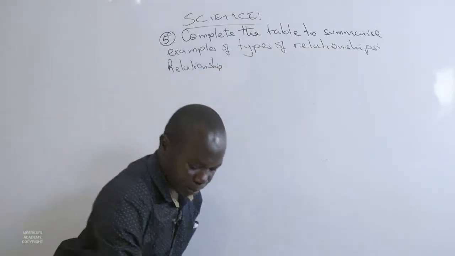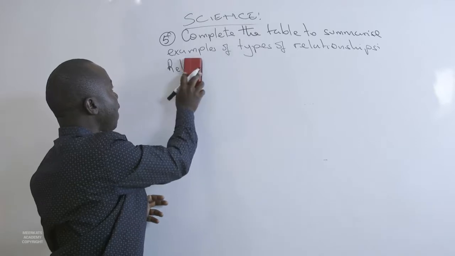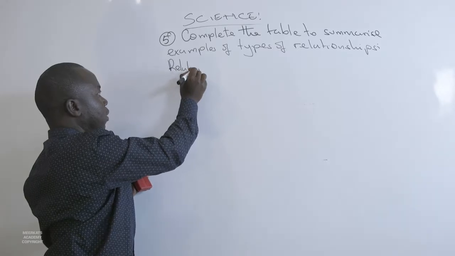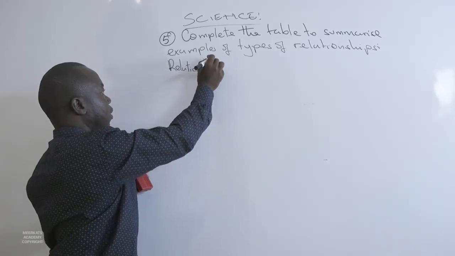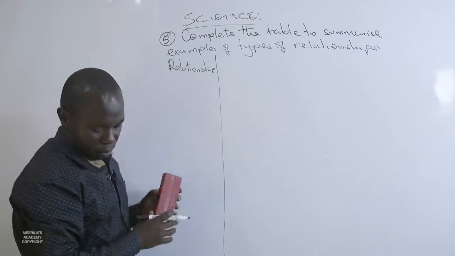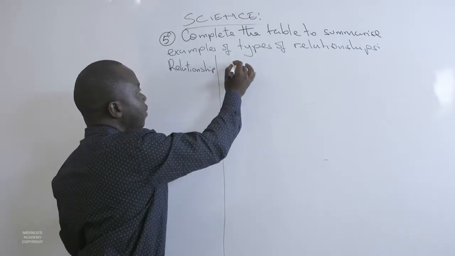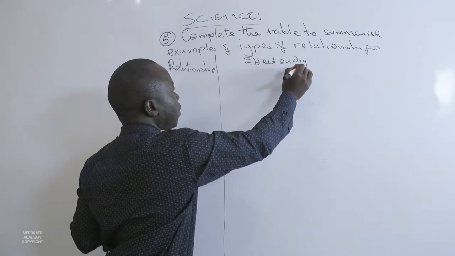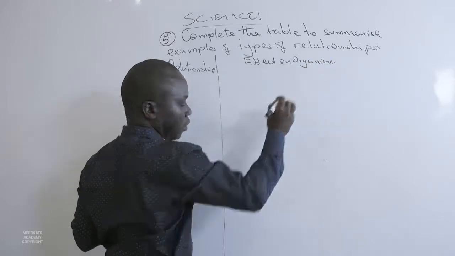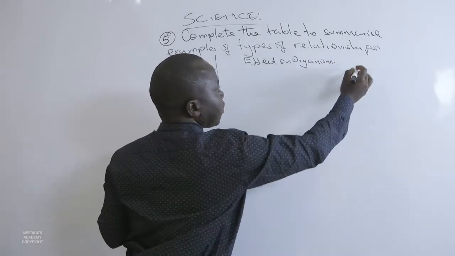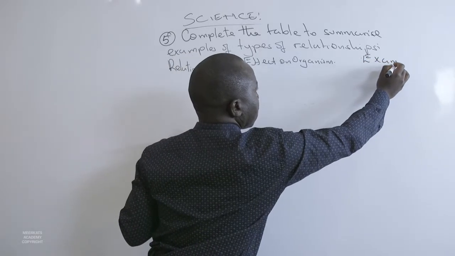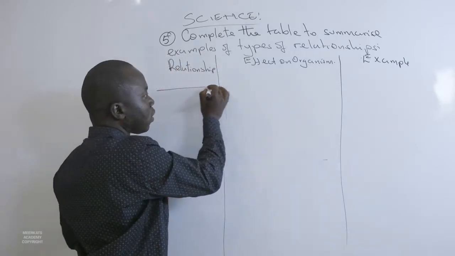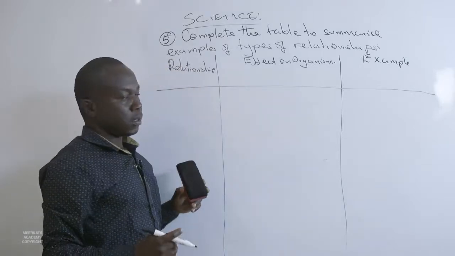So we shall have the relationship column here, and then you have the effect on organism, then the example.